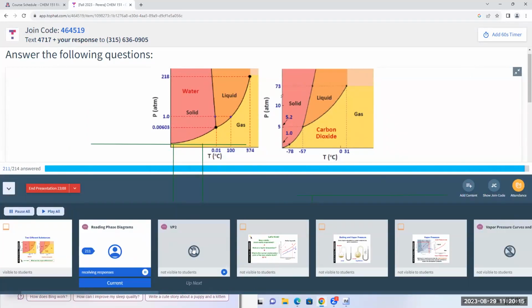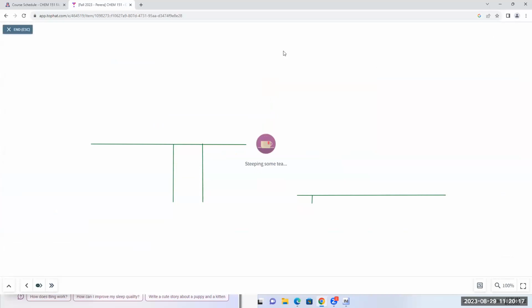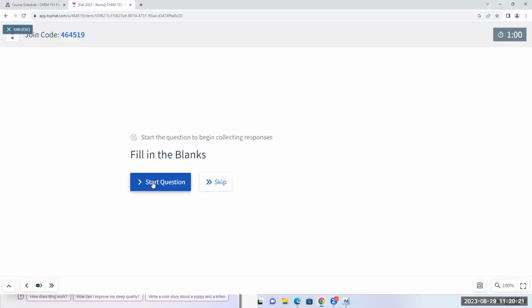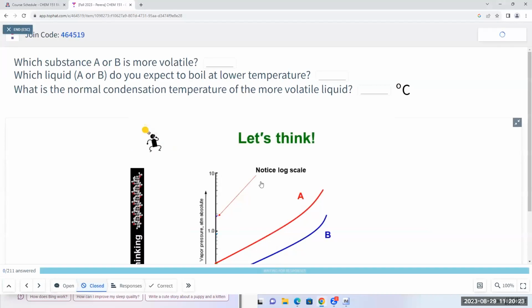And then that brings us to the vapor pressure curves. Remember, the vapor pressure curve is the same liquid gas boundary on a phase diagram. Here what I'm doing is plotting the liquid gas boundary, or the vapor pressure curves, of two substances on the same plot. That's all I have done there.